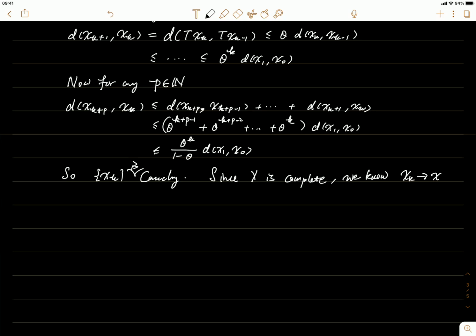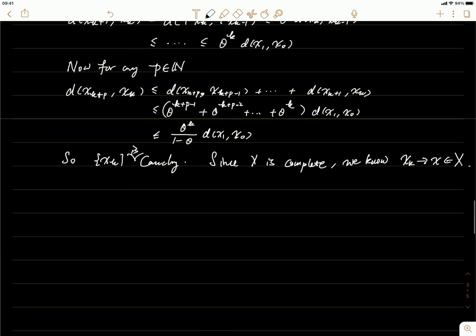It converges to some x in the space X. So now what we know is that xk converges to x, and Txk, which is xk plus 1, also converges to x because the whole sequence converges to x.